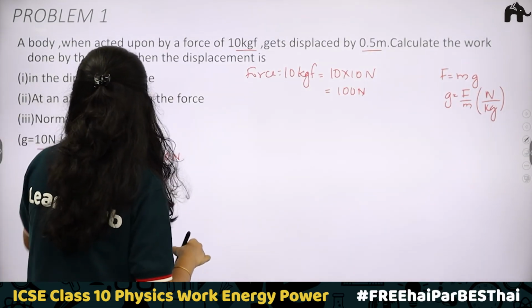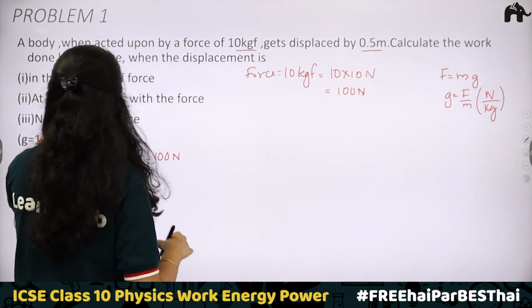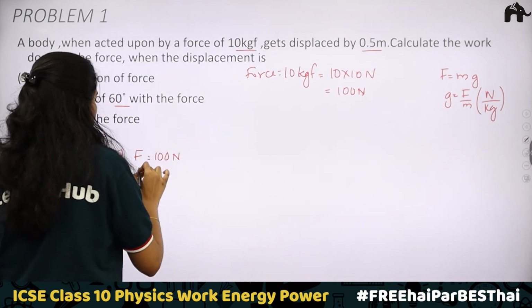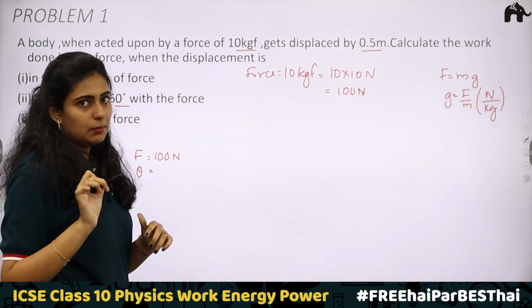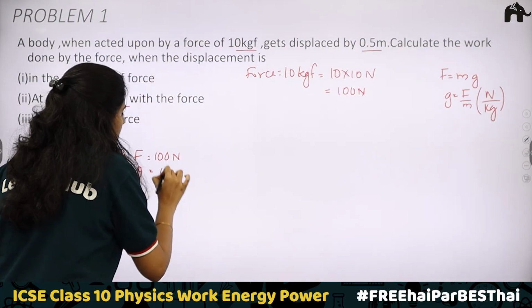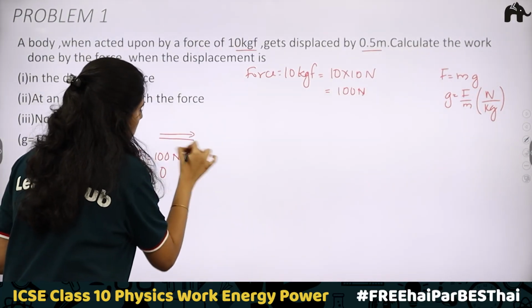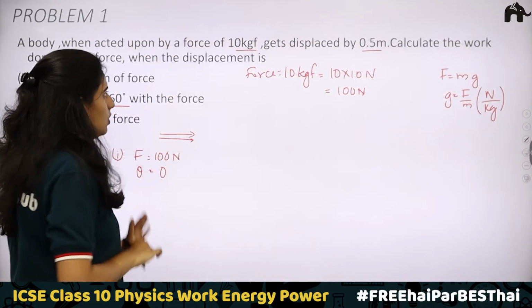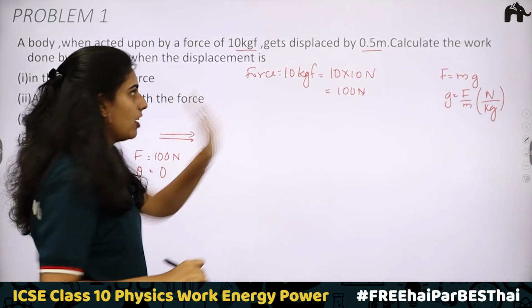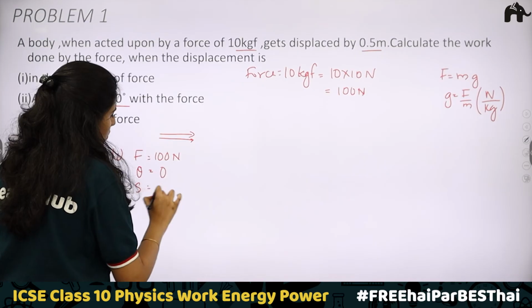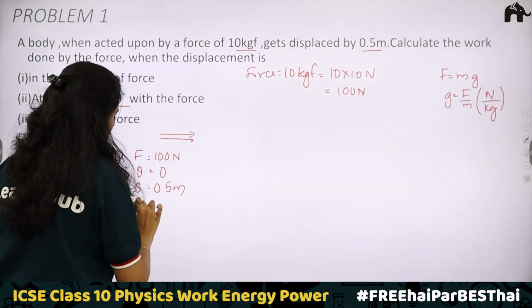In the first case, the displacement is in the direction of force. Then what is theta? Yes, there is 0 angle. Force and displacement are along the same direction. Then theta is equal to 0. Displacement is given 0.5 meter. S is equal to 0.5 meter. Now what is work?